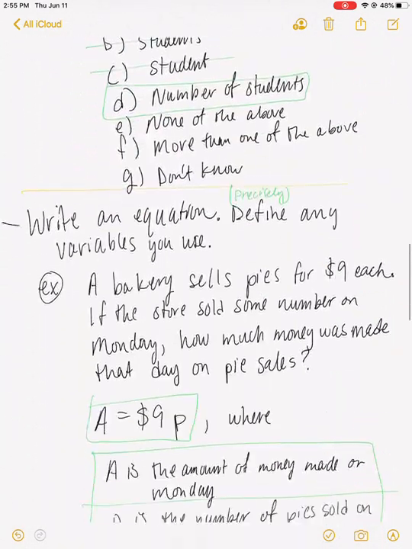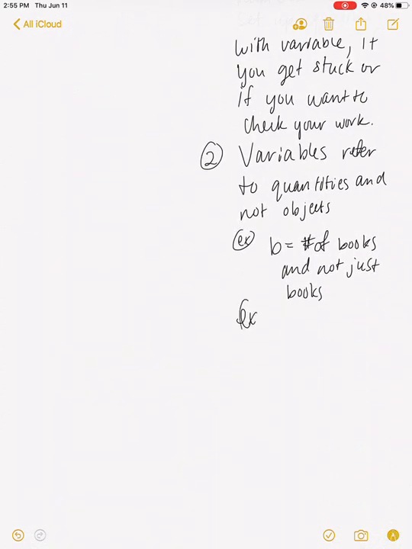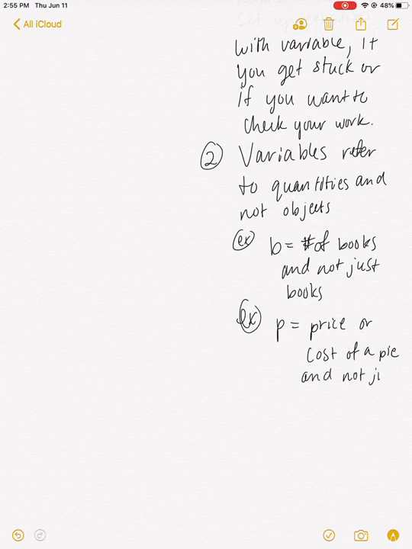Okay, the last thing. P is equal to the price or cost of a pie and not just the pie itself. Okay, variables refer to quantities and not objects.